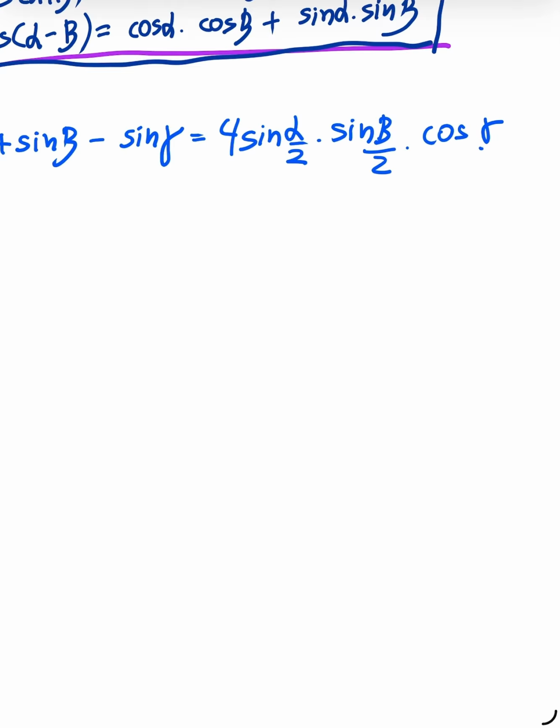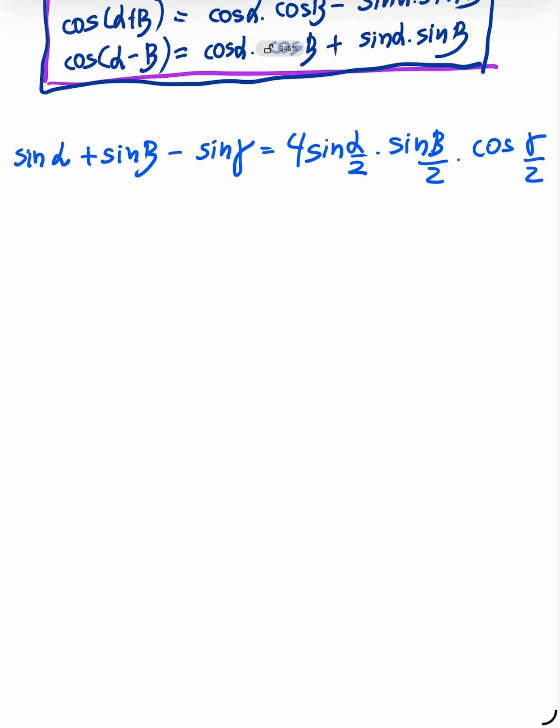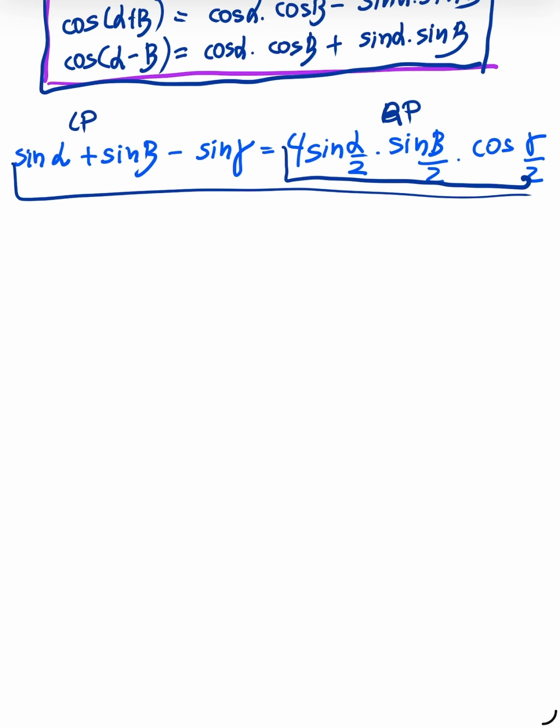This is what we should prove. This is our identity. We should prove that the left part is equal to the right part. So we are not touching this part. We are working only with this part here. So let's start.